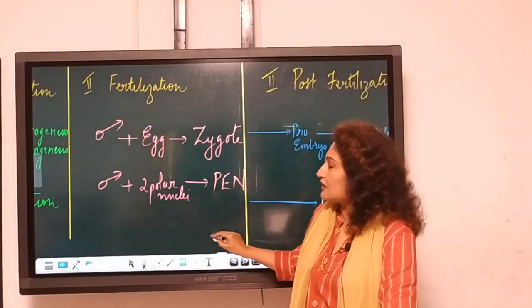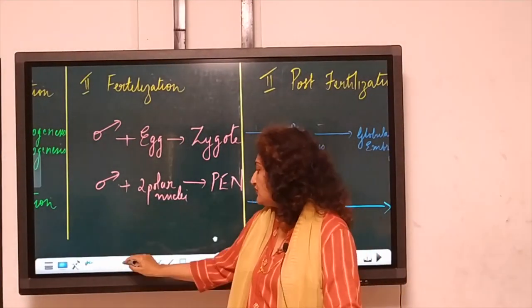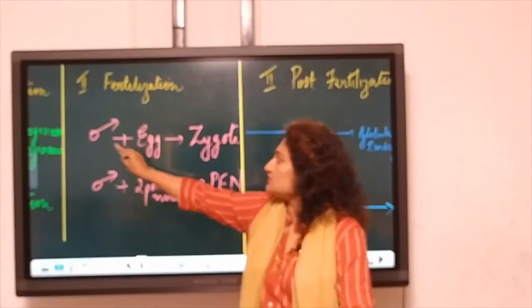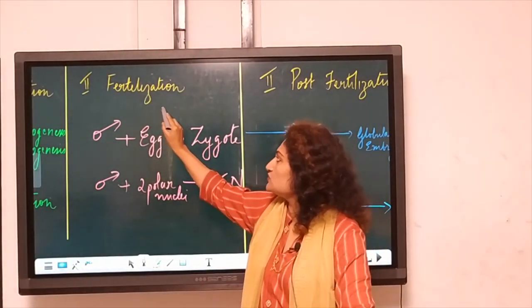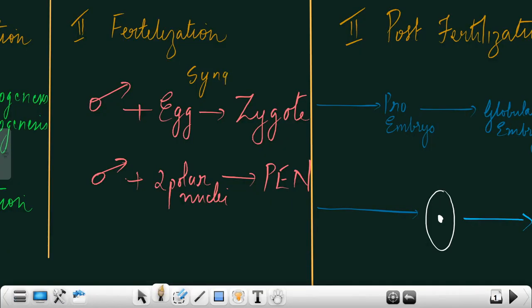The first male gamete, I told you there are two male gametes, fuses with the egg to form the zygote. This process is called syngamy. And the second male gamete fuses with the two polar nuclei to form the primary endosperm nucleus.